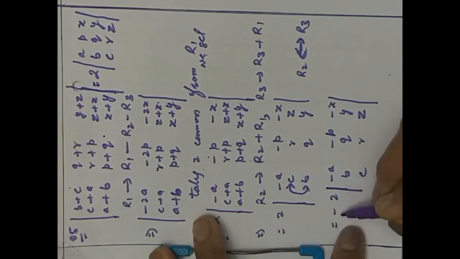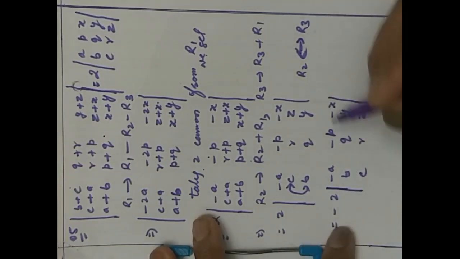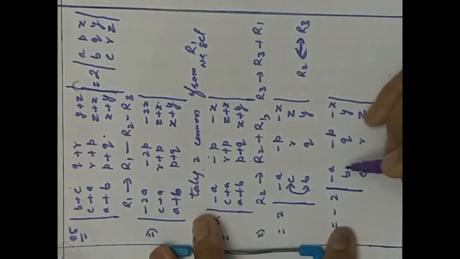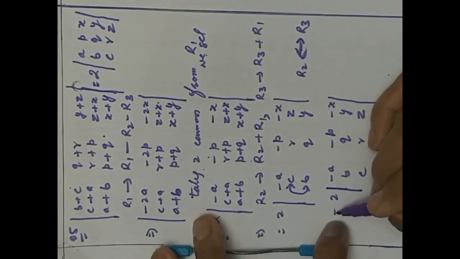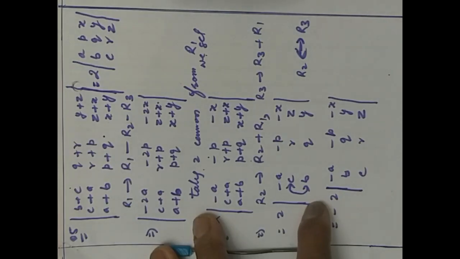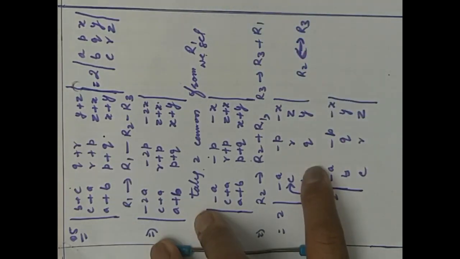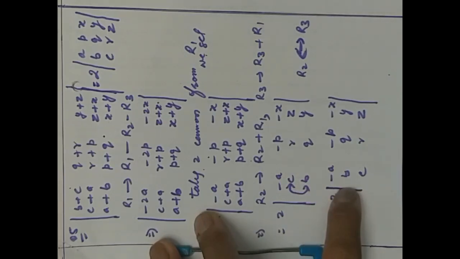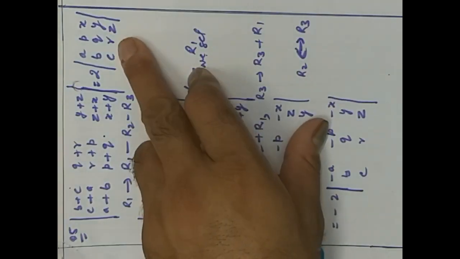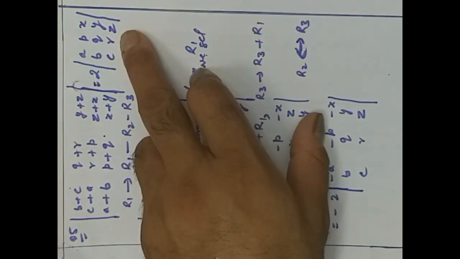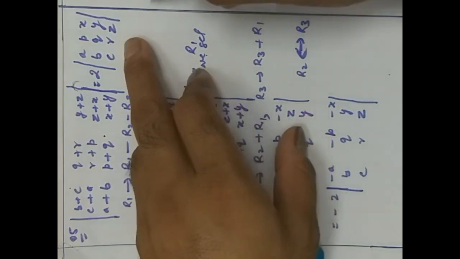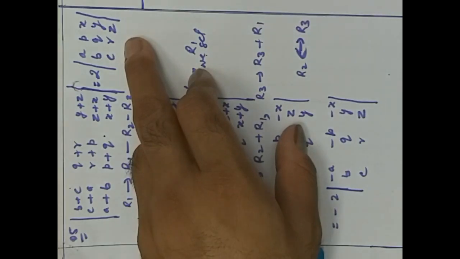Now let us take minus common out of R1, so that minus and this minus give plus, so it is equal to twice the determinant of A, P, X; B, Q, Y; C, R, Z. Now compare with the right hand side: A, B, C; P, Q, R; X, Y, Z is equal to the right hand side, hence proved. So that's how we have completed this particular question.